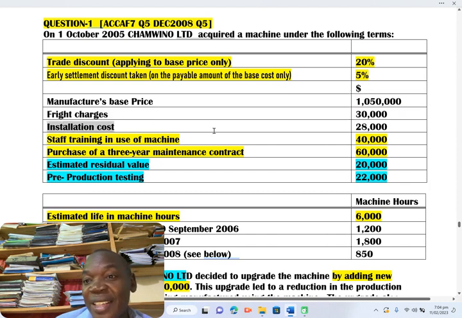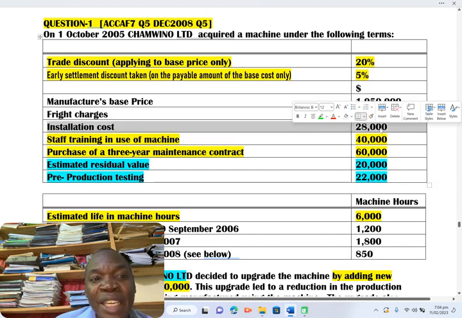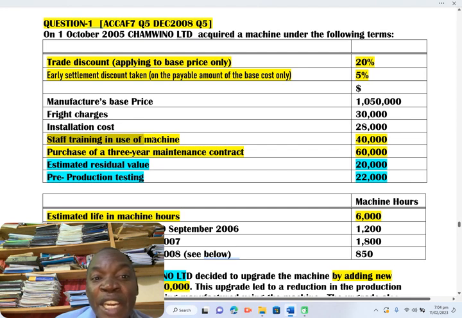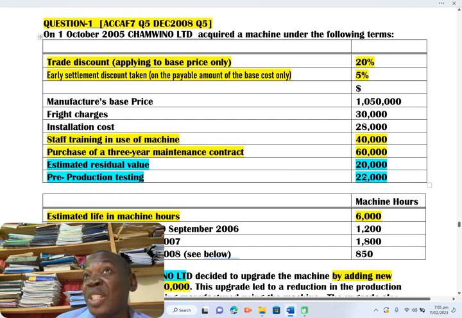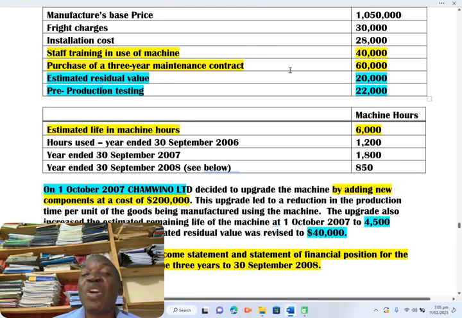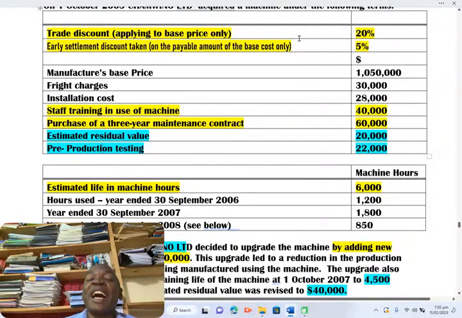Installation cost, 28,000. Staff training in the use of the machine, 40,000. Purchase of a 3-year maintenance contract is 60,000. Estimated residual value of the machine is 20,000. Pre-testing is 22. That was the information relating to the cost elements of the machine as at the date of acquisition.